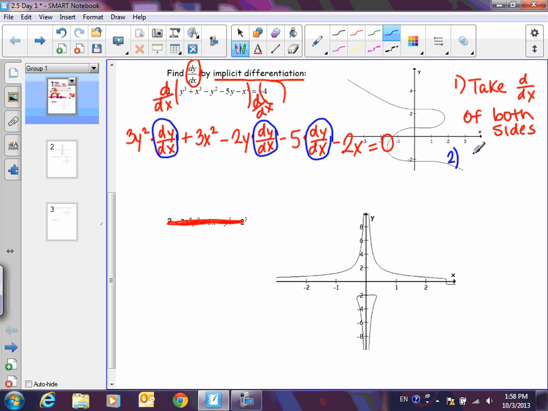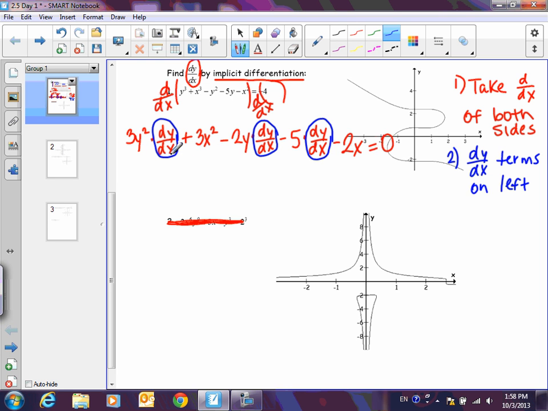My next step is I want all of the dy over dx terms on the left side. And I don't want anything else on the left. I only want the dy over dx terms. What I'm working towards is getting dy over dx by itself. Okay, that's what we want for our final answer.